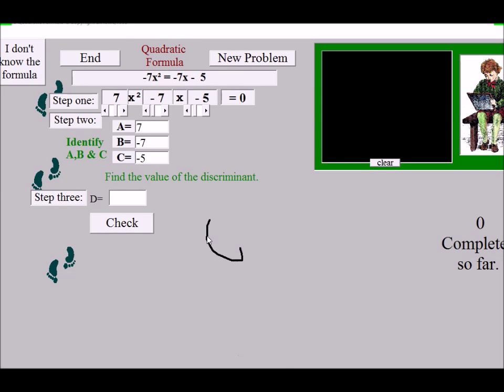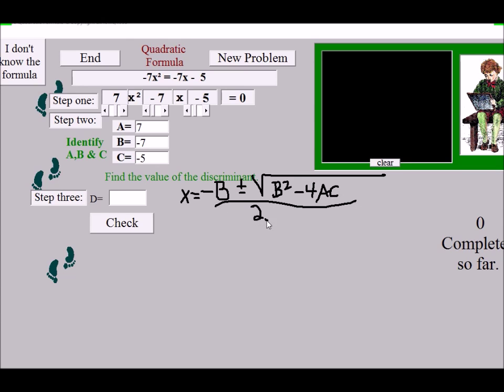There's the marker. I brought it up, and now I should be able to draw on here. Now, the discriminant, if you remember the quadratic formula, x equals -b, I'll repeat it for you, plus or minus square root of b squared minus 4ac divided by 2a.